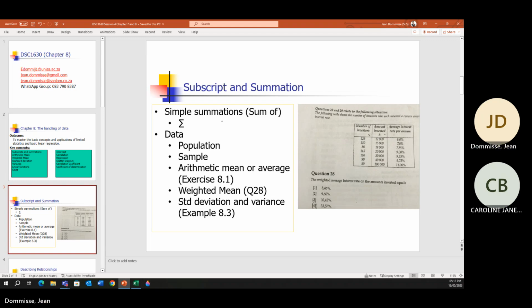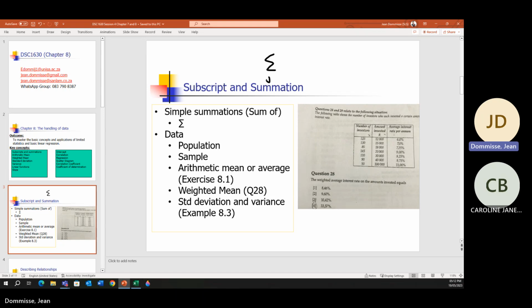Then, when we look at the data component, or let's first look at specification, sometimes they have all these weird subscripts.